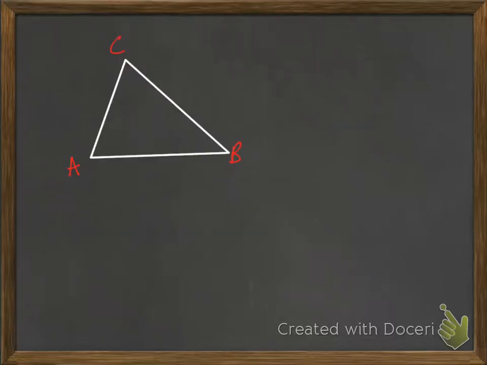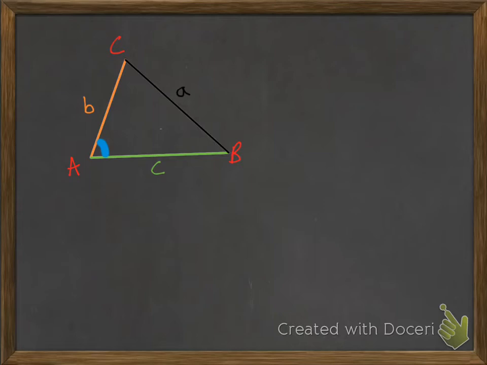So what the law of cosines is telling us now is we have our triangle ABC, and we know two sides, AC and AB, which we can label as B and C. If we know those two sides and the included angle, angle A in this case, then we can find the third side, which we can call A. And so if we know the orange, the green, and the blue, then we can find the black, which is side A. And so that's visually what the law of cosines is telling us.